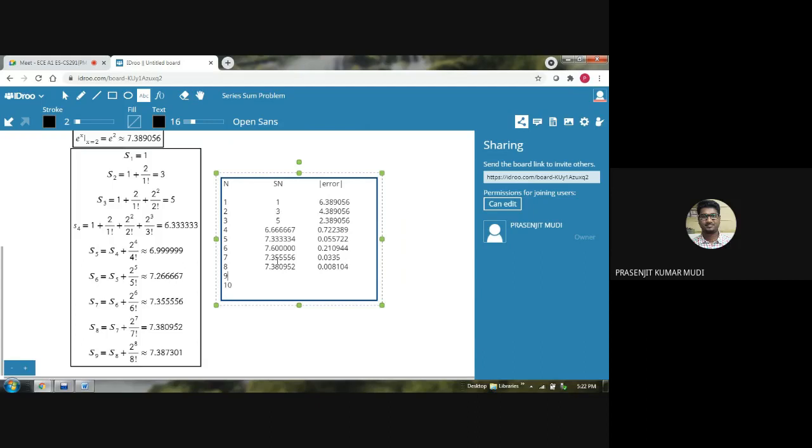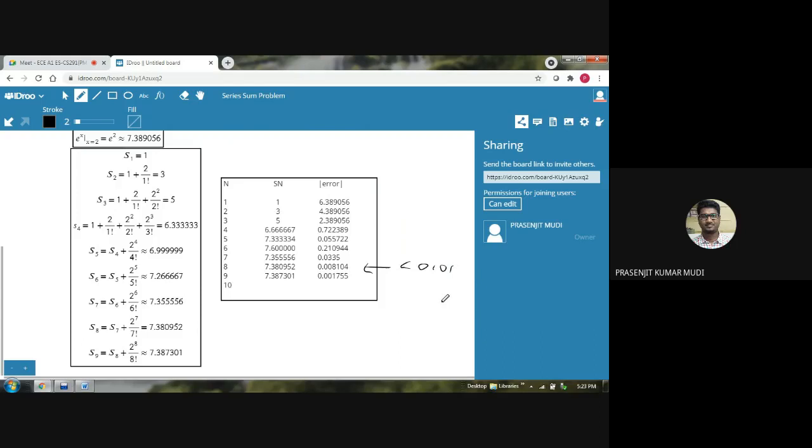This much. Okay. Fine. So you can see here the error is less than 0.01.